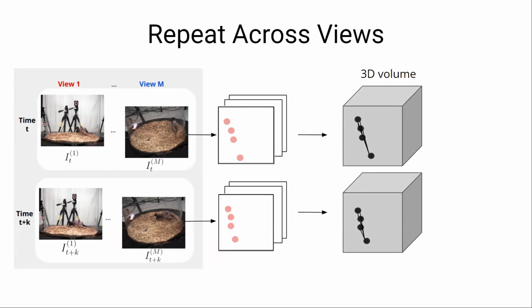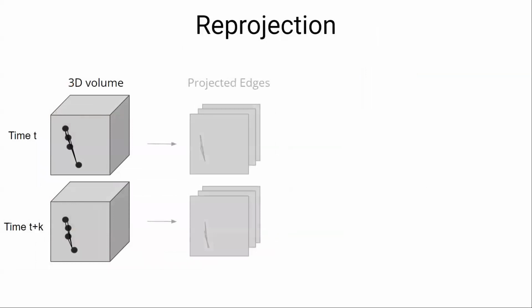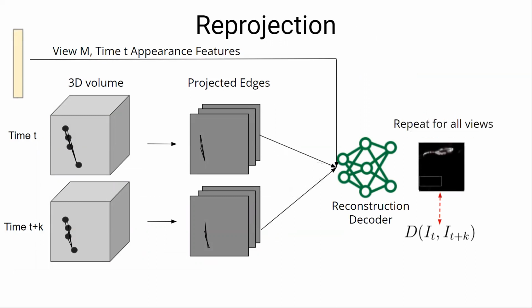Next, we draw differentiable edges between every pair of points. This is then projected onto each camera view using the camera projection matrices. The projected edges are then fed into a reconstruction decoder along with appearance features in order to do the spatiotemporal difference reconstruction. We repeat this for all views.